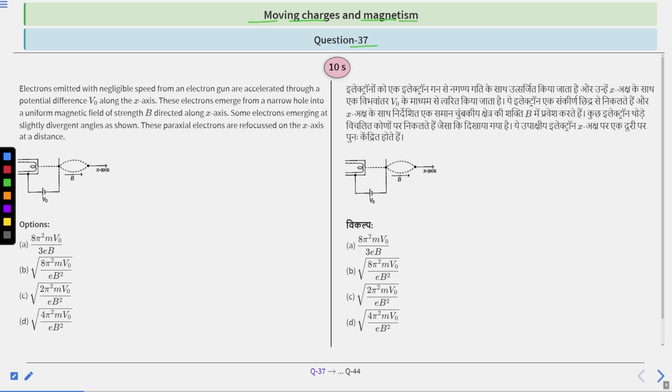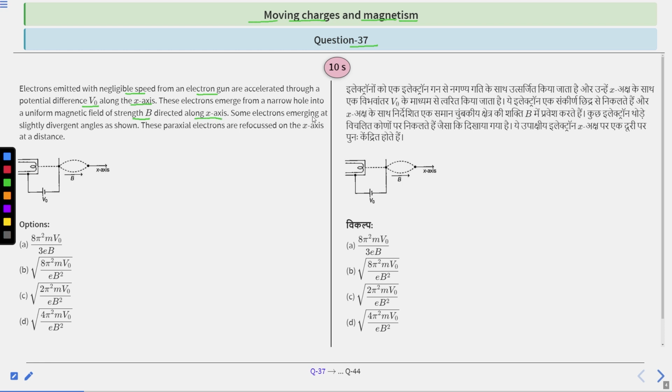Question 37. Electrons emitted with negligible speed from an electron gun are accelerated through a potential difference V naught along the x-axis. These electrons emerge from a narrow hole into a uniform magnetic field of strength B, directed along the x-axis.